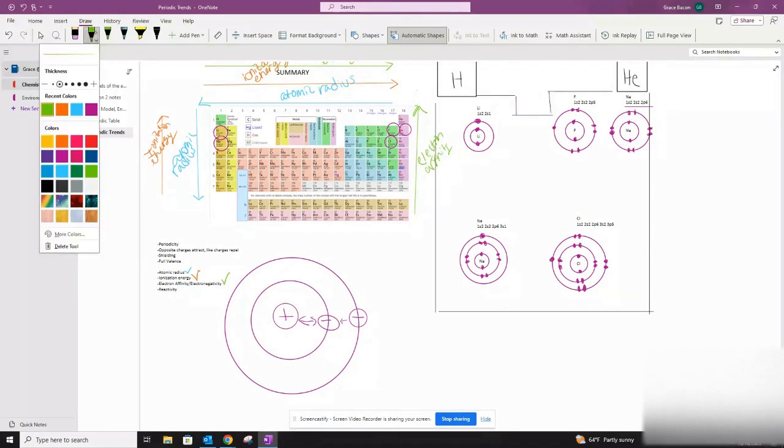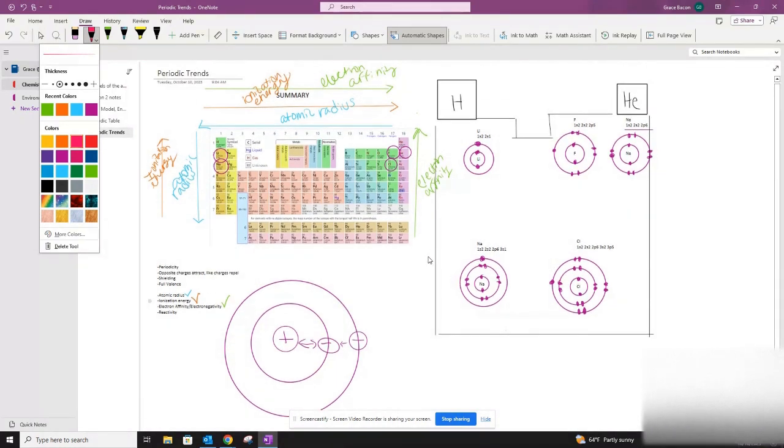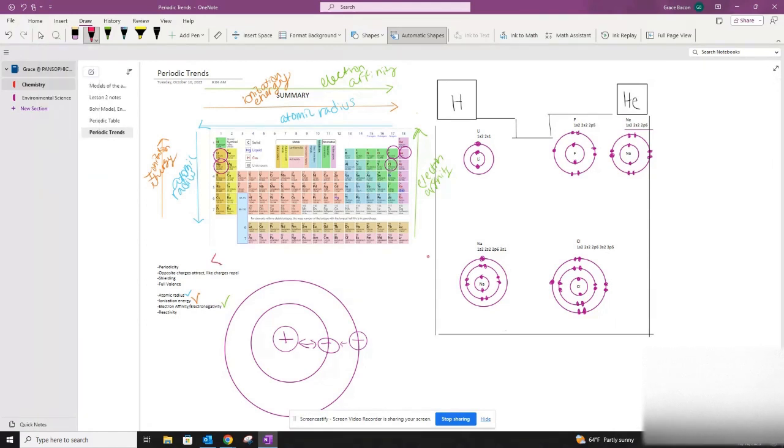And last, we want to think about reactivity. So reactivity is going to be a little bit weird to think about the trend because it's not going to be the same for everything. I'm going to draw it a way that you're not going to see anywhere else. But when I think about reactivity, I almost think of it as moving out like this.